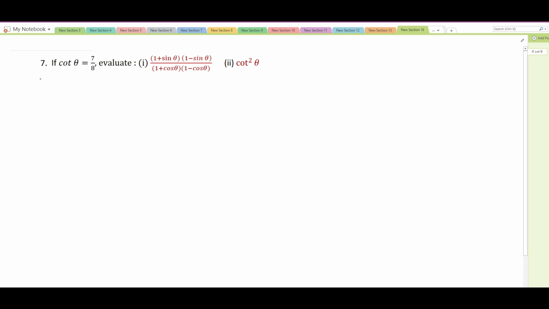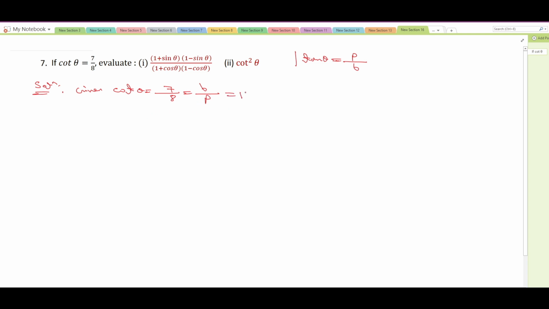Now we solve this question. Solution: given cot theta equals 7 by 8. Since tan theta equals p by b, so cot theta equals b by p.